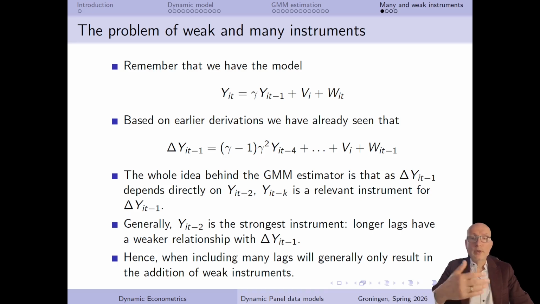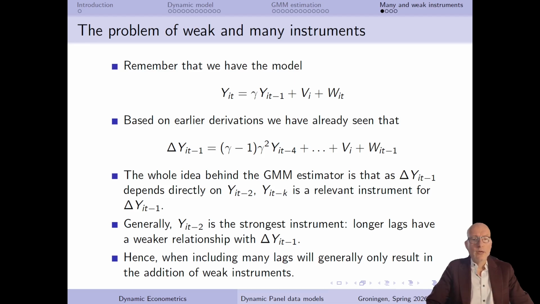And the more lags we introduce, the weaker the instruments are going to be. That implies that at the moment that we introduce longer and longer lags into the set of instruments, we're only going to introduce many weaker instruments.